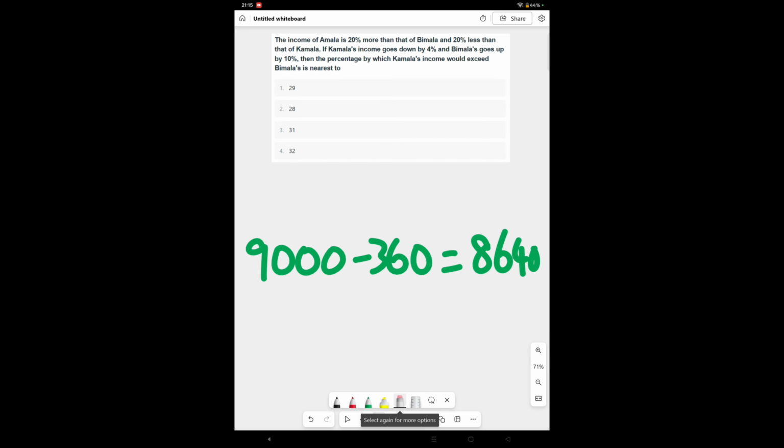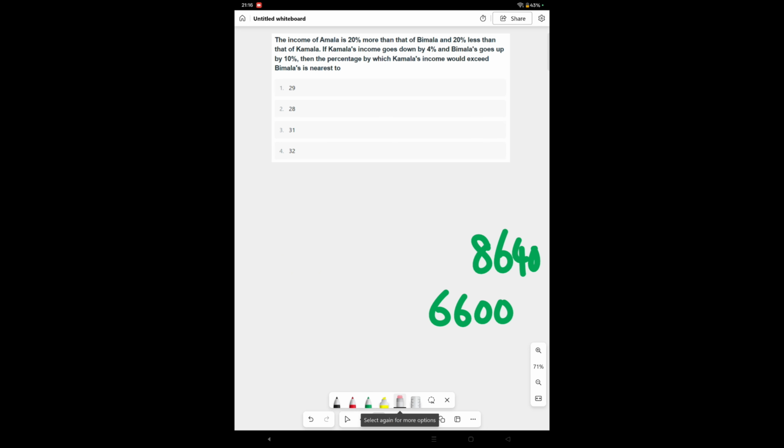Now Bimala's income goes up by 10%. So it was 6,000. If it goes 10% up, you could simply say it's 6,600. Now all we need to find is by what percentage of Bimala's salary Kamala's income exceeds. So this is how you understand.